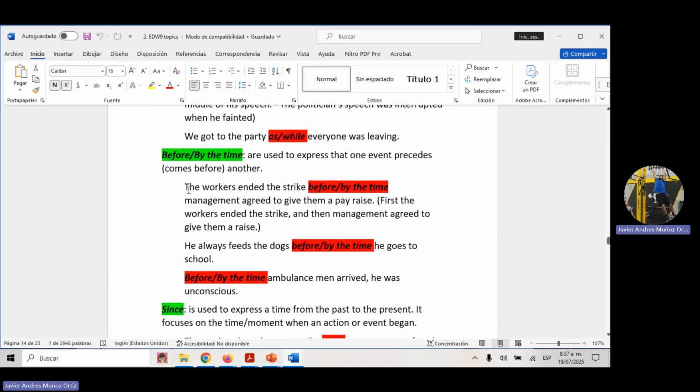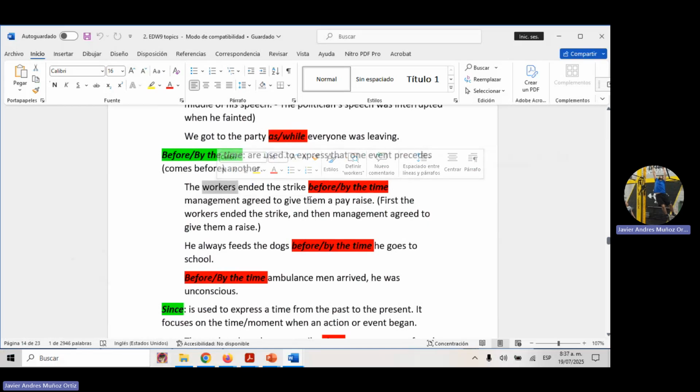For example, the workers ended the strike before management agreed to give them a pay raise. So, in the order of events, they ended the strike, and then they accepted an agreement. The management agreed to increase their payments. In this case, the workers end the strike.